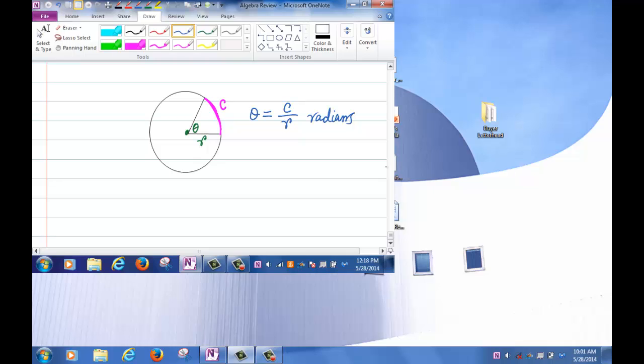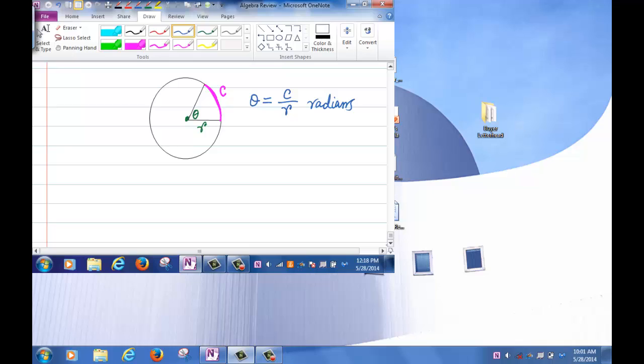Let's do some examples. What is the radian measure if I have 90 degrees?